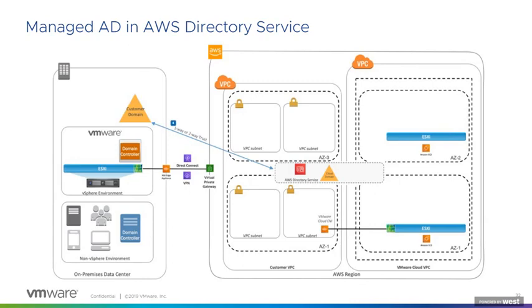providing directory services to VMware Cloud apps on the right side and AWS apps on the left side of this AWS region. Managed Active Directory is a service that simplifies the directory aspect of running SQL Server or any set of Microsoft applications, because you simply say, I would like to have 2 domain controllers highly available spread across availability zones.